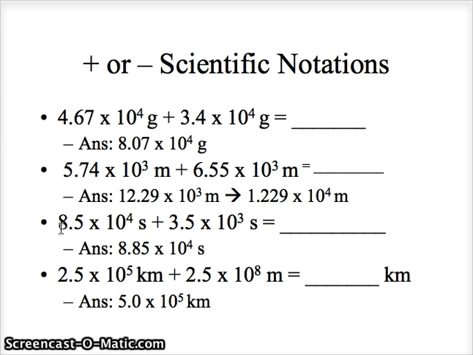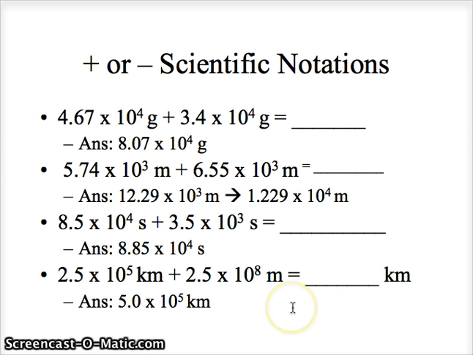Now the fourth bullet is a little bit more challenging, seeing that the units are not the same and the exponents are not the same. So the first step is to change the units so they do become the same. Let's say we know the answer has to be measured in terms of kilometers. So we're going to convert the meters to kilometers from the term 2.5 times 10 to the 8th meters.